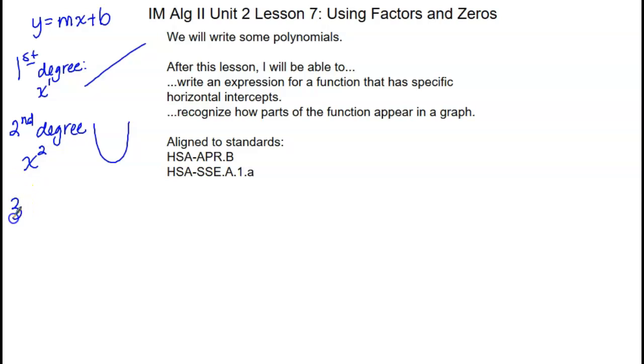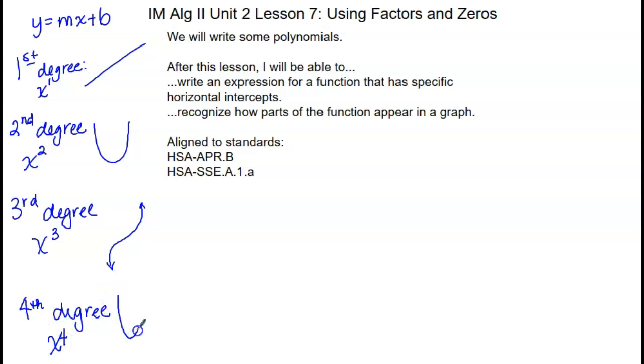A third degree polynomial would have x cubed for your highest exponent, and it would look something like this. And a fourth degree would have x to the fourth in it, and that would look like a W or a flattened out parabola, something like this.